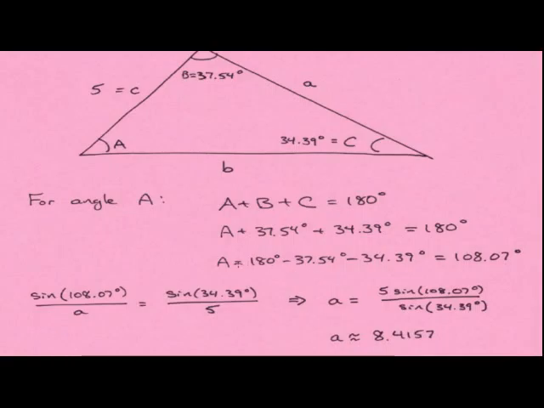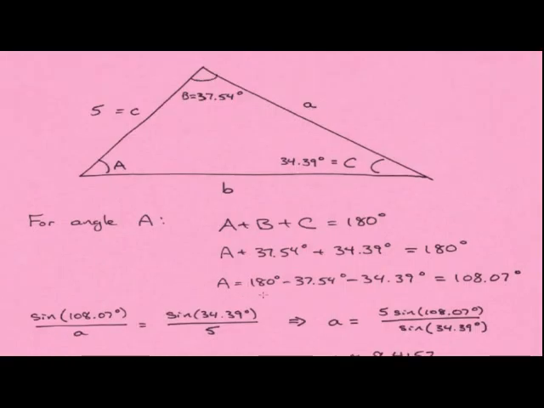And so angle A is going to be 180 degrees minus 37.54 minus 34.39. So angle A is going to be 108.07 degrees.